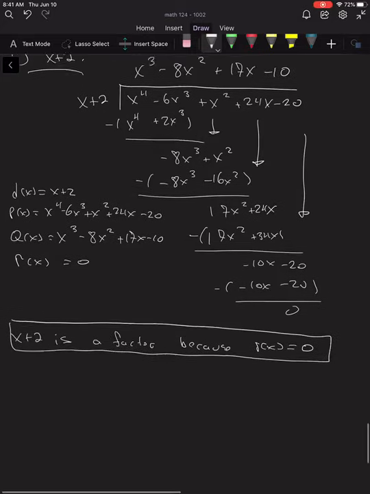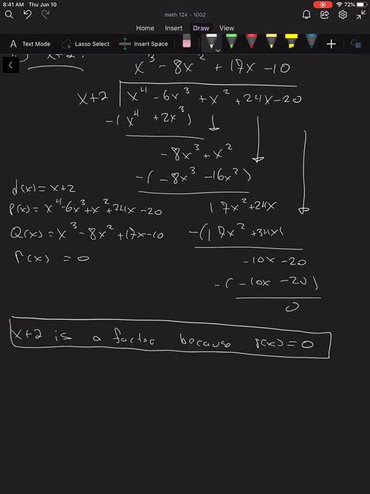And lastly, remember in the beginning of the section, we said that there's this equation that p of x is d of x times q of x, plus r of x. So what we can say now is, well, what's p of x? P of x was that big piece. Let's rewrite that again. So this means that x to the 4, 6x cubed, x squared, 24x minus 20 is equal to d of x. D of x is x plus 2 times q of x.